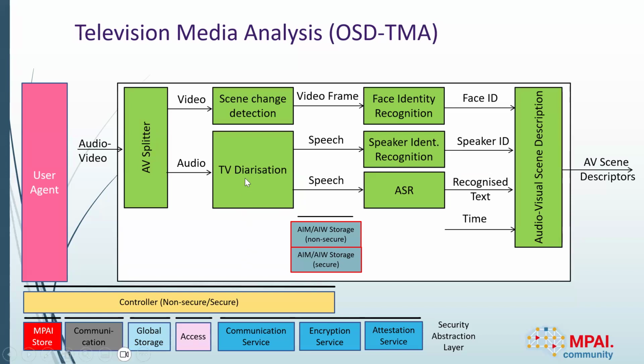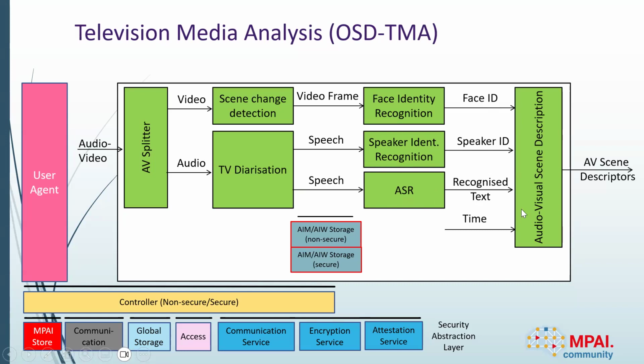And then we also have another one that is diarization, which means that there may be 3 people in the scene speaking, and we want to have the three flows. So we use the video frame and the speech to identify who are the speakers, and then we recognize the speech, and so we have as an output the face ID, the speaker ID, and the recognized text.